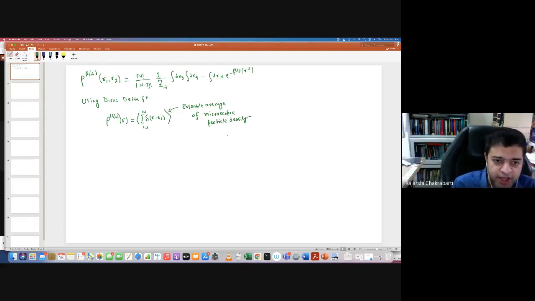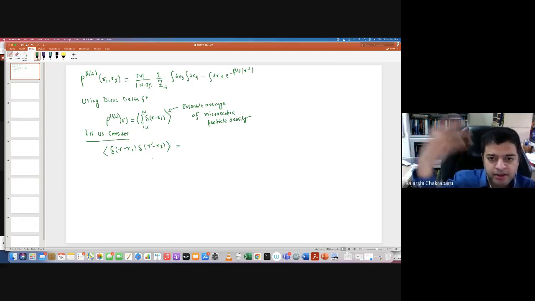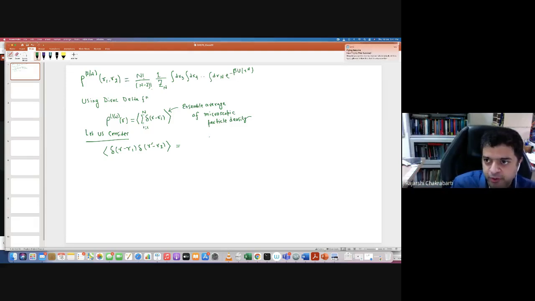So let us consider another quantity. The quantity is like this: delta r minus r1, delta r prime minus r2, the product of two delta functions, and average. What should I write on the right hand side? This average is taken over this configuration space distribution.